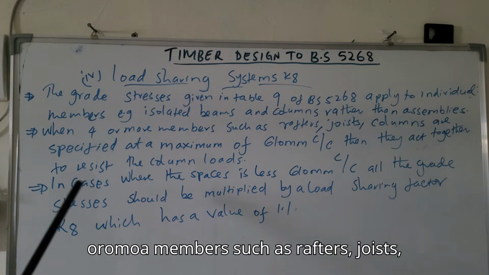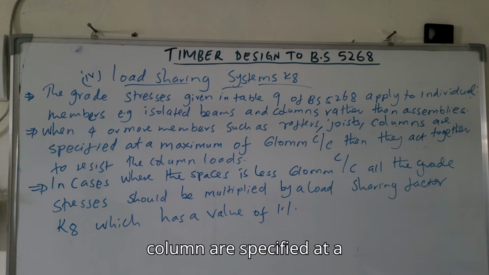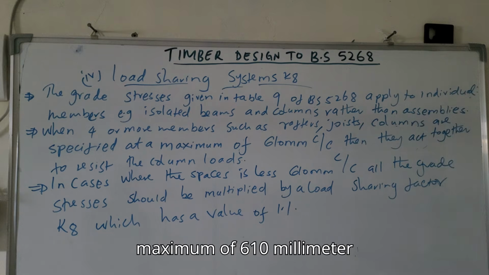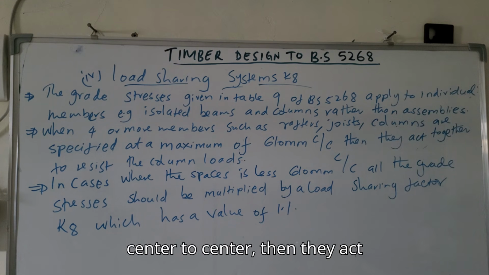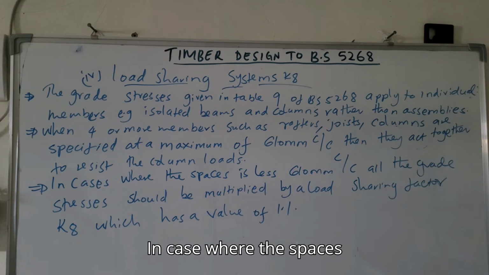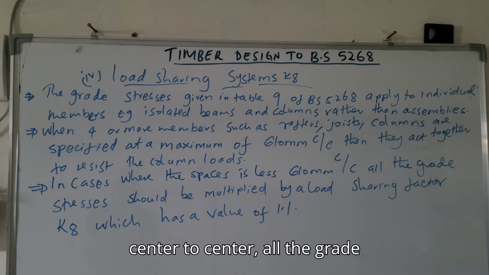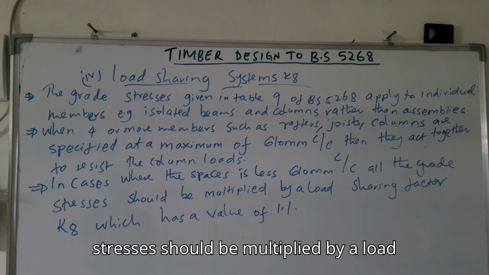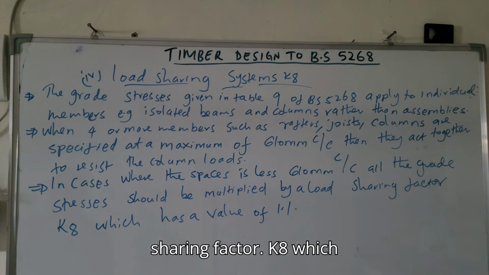When four or more members such as rafters, joists, columns are spaced at a maximum of 610 millimeter center to center, they act together to resist the loads. In cases where the spacing is less than 610 millimeter center to center, all the grade stresses should be multiplied by a load sharing factor K8, which has a value of 1.1.